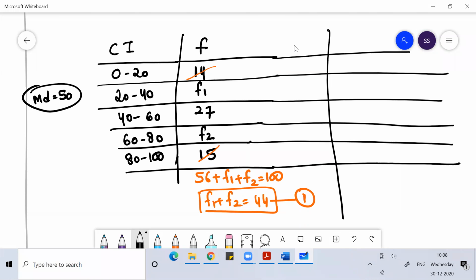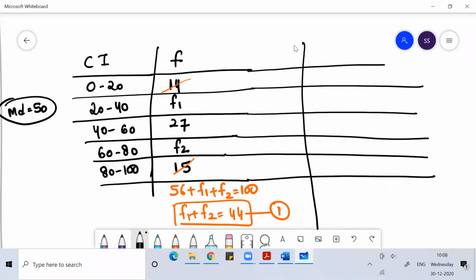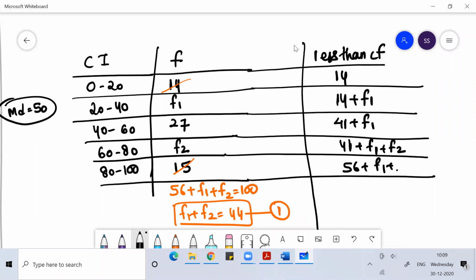The less than class interval is not required, if you don't write it also that's fine. So the less than cumulative frequency would be 14, then 14 plus f1, then 14 plus 27, how much will you get? 41, 41 plus f1, then 41 plus f1 plus f2, and then 56 plus f1 plus f2.